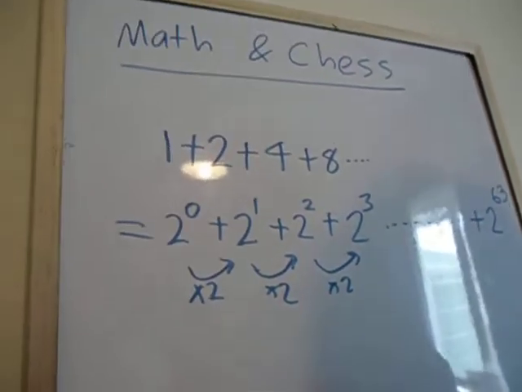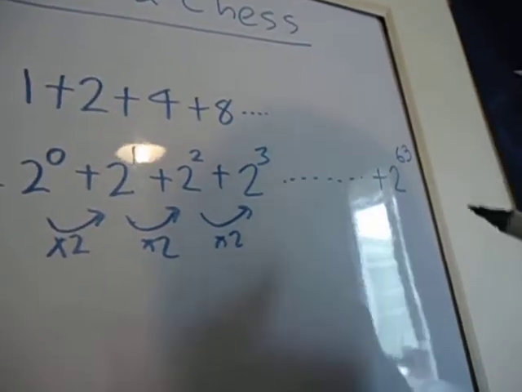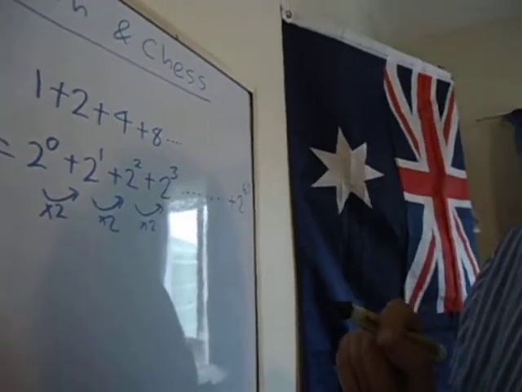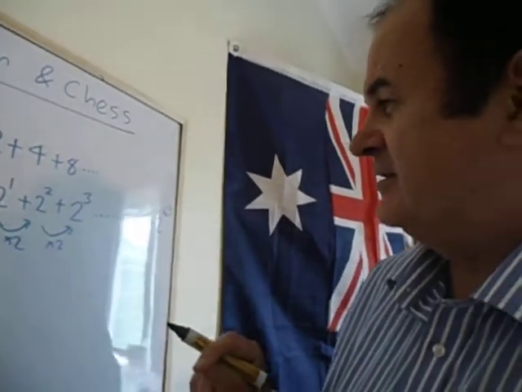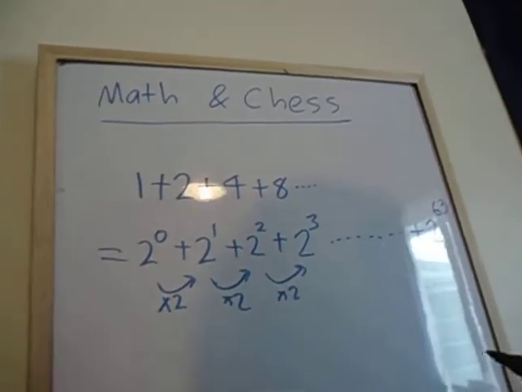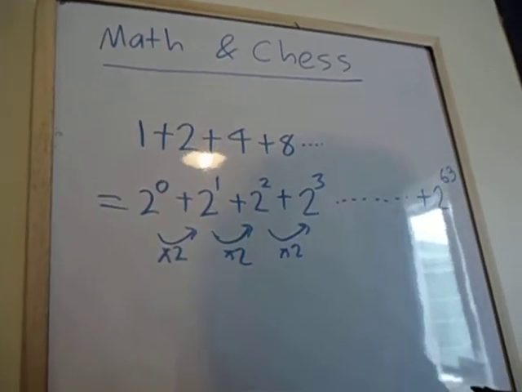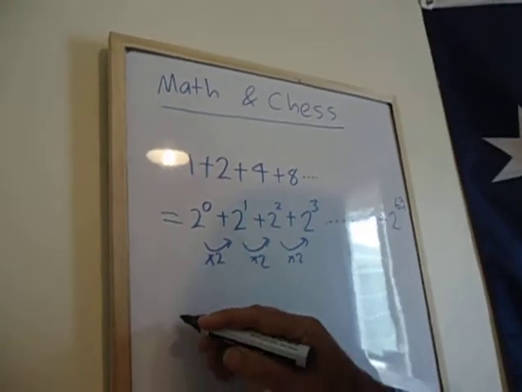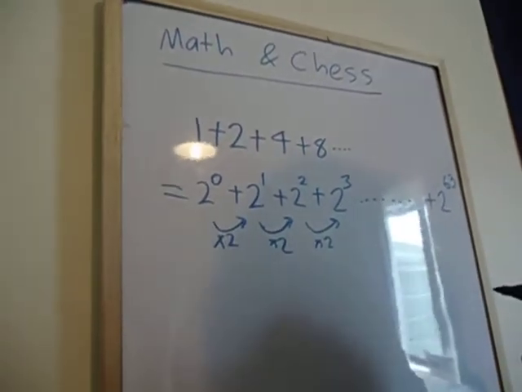Now, how to add that up? This is a very big number, but can we find a shorter way to write this? Well, if you've been studying geometric series recently, you will realize that yes, there is an answer for this, and maybe you'll see it easier if you consider writing this using binary numbers.